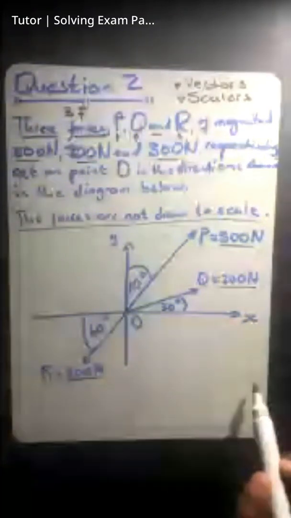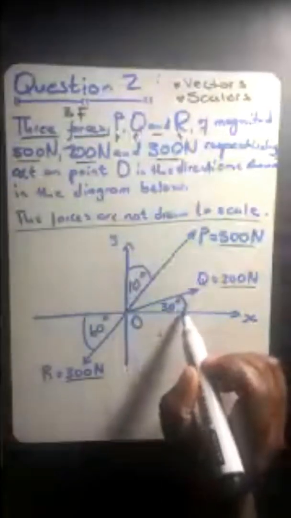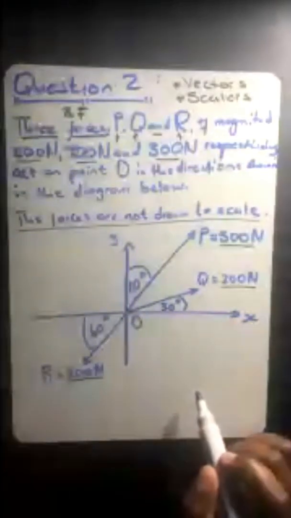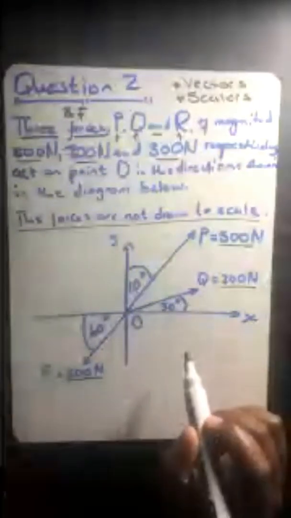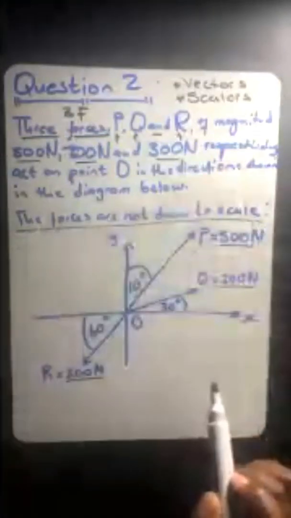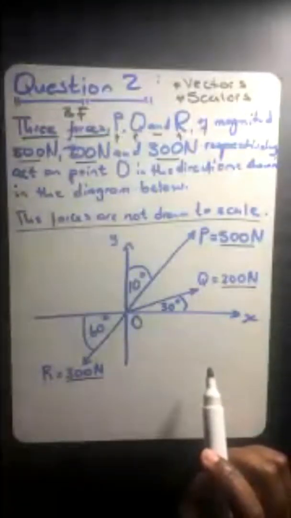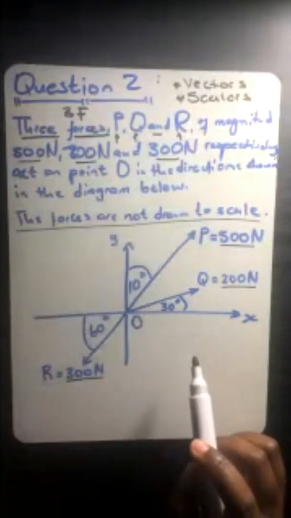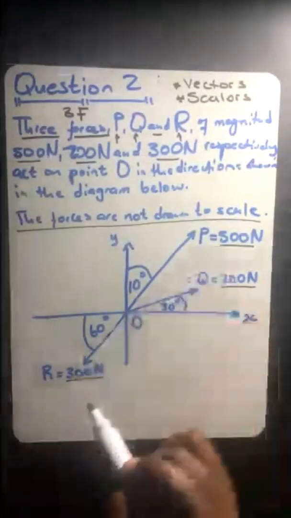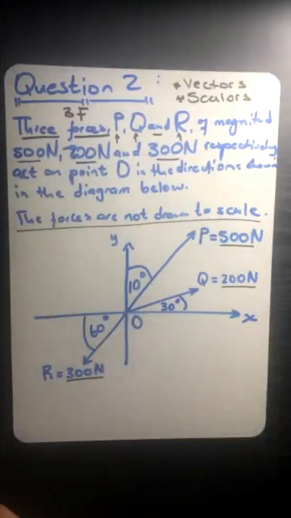And again, they are simply saying this angle, it doesn't necessarily mean that when you use a protractor to measure that angle, it will be 100% 30 degrees. So that is what that statement means, to say the forces are not drawn to scale. So in my case, you can see this is just a hand-drawn diagram. It's not drawn to scale.